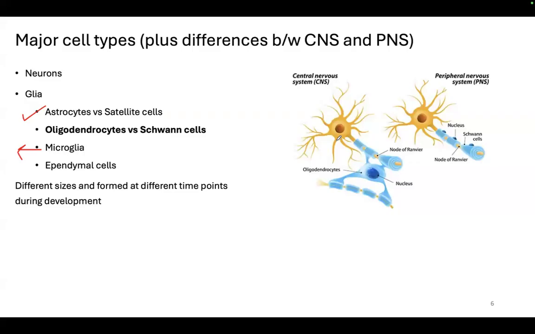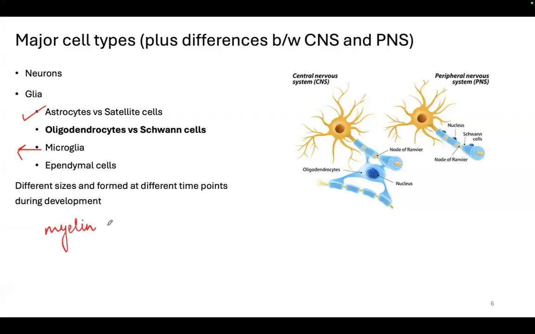So there has to be some sort of insulation. In the case of the nervous system, the insulation is by something called the myelin, M-Y-E-L-I-N. This is called the myelin.